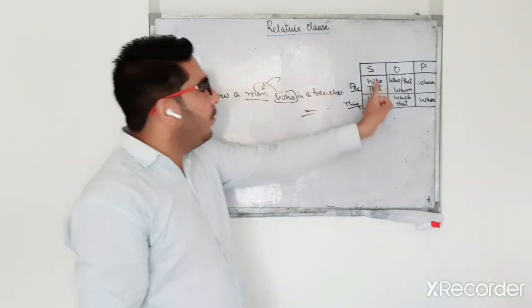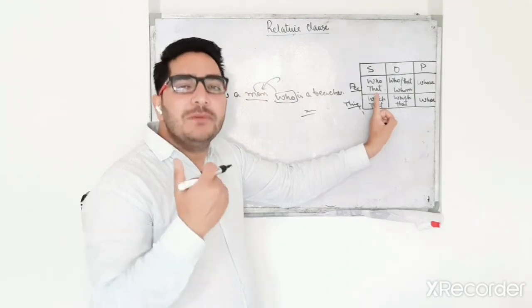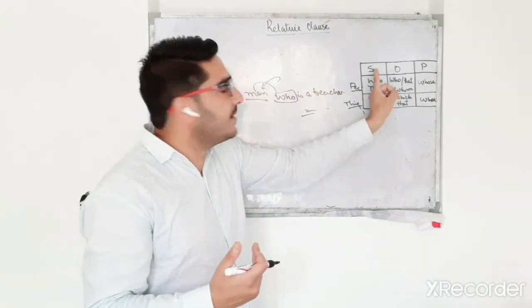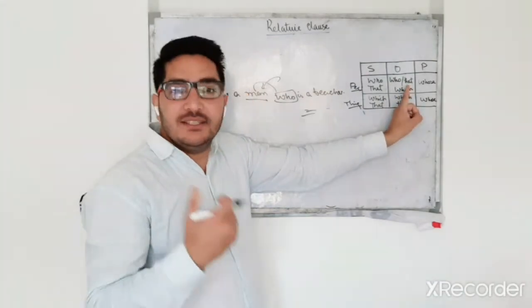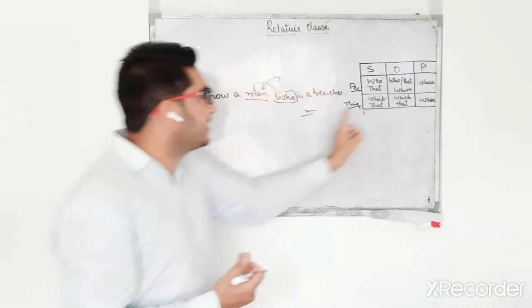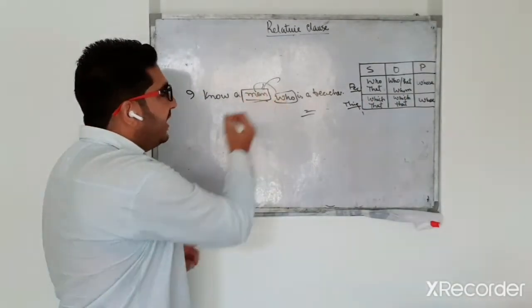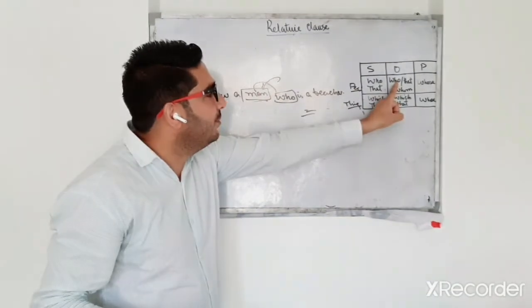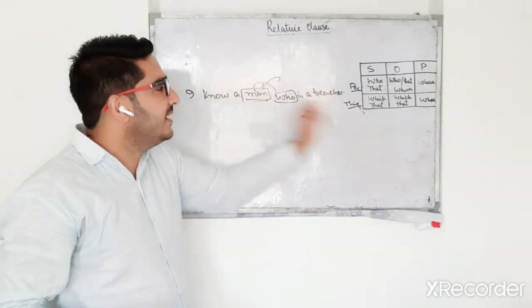See, who and that are used for persons when the persons are subjects. Who and that are used for persons when they are objects. Like here, I know a man. Man is an object here. And we place this who, or we can place that: who is a teacher, that is a teacher.